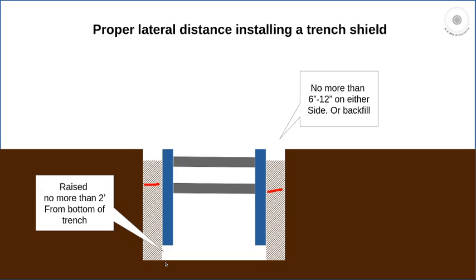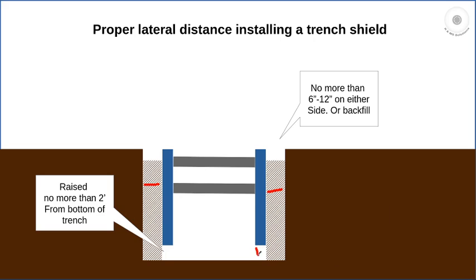Now, of course, in previous and in this example as well, this paragraph states you cannot cut your excavation more than 2 feet beneath the bottom of your protective system.